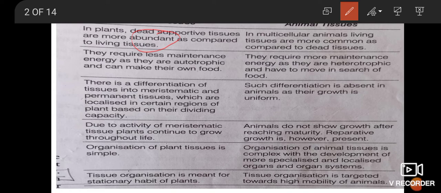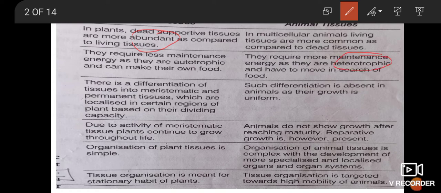So as they make their own food, they require less maintenance, whereas animal tissues require more maintenance energy, as they are heterotrophic and have to move in search of food. Heterotrophic organisms, or we can say animals, cannot make their own food, right? They have to move out in search of food, so that is why they require more maintenance energy.